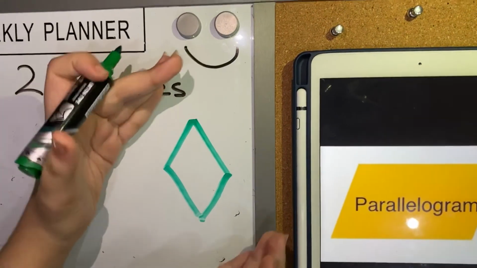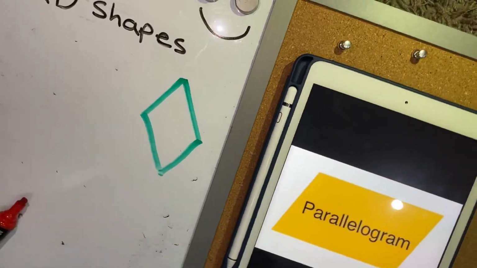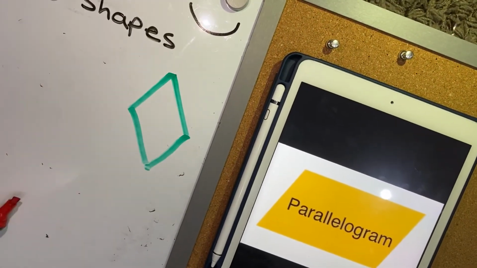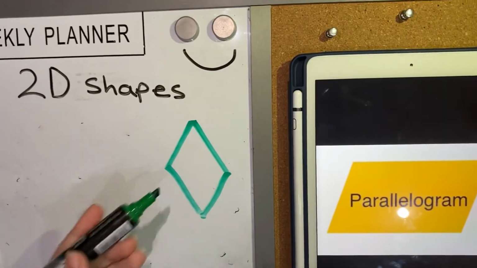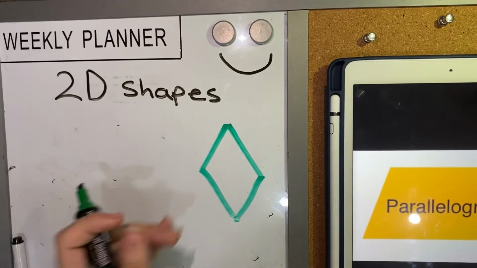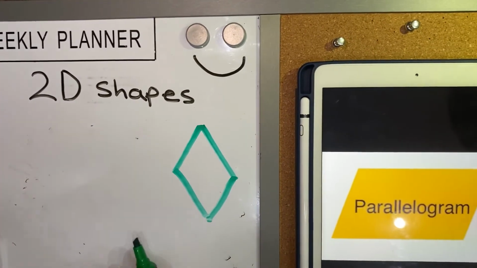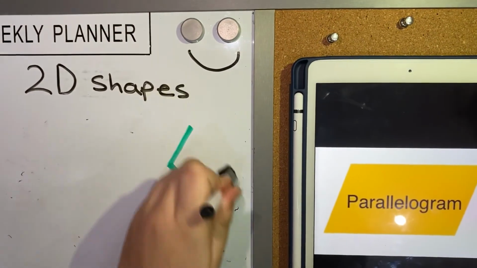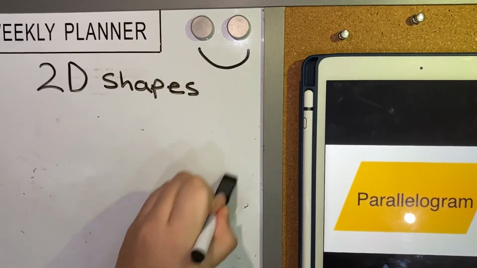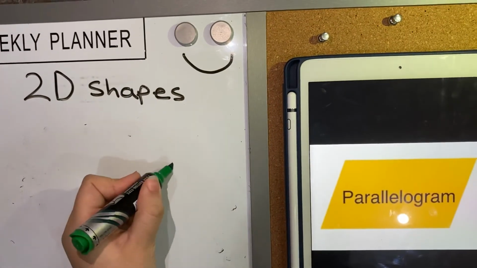Really, if you turn it a little bit, it seems like a parallelogram. So we call this, if it's rotated, parallelogram.